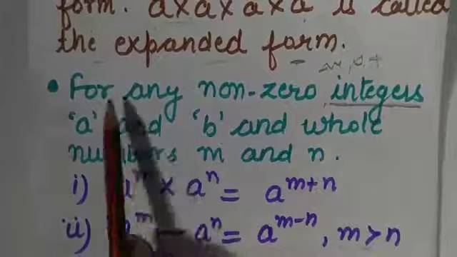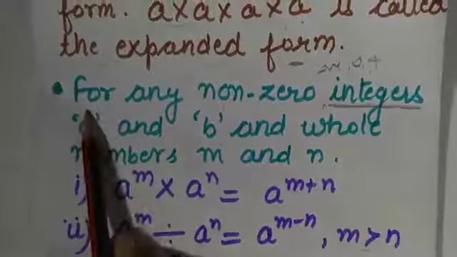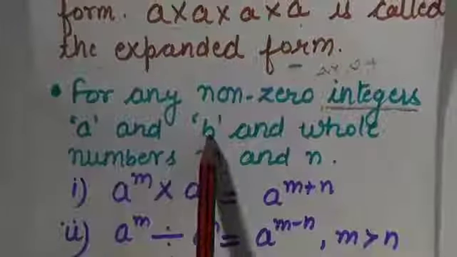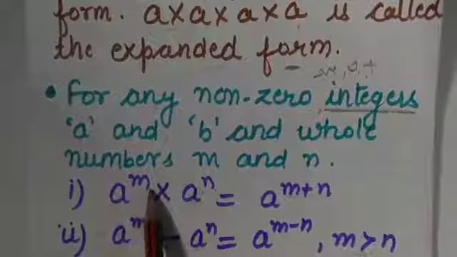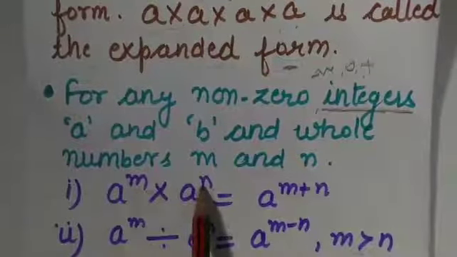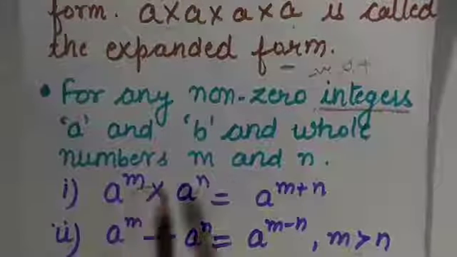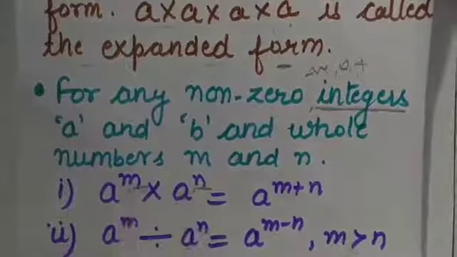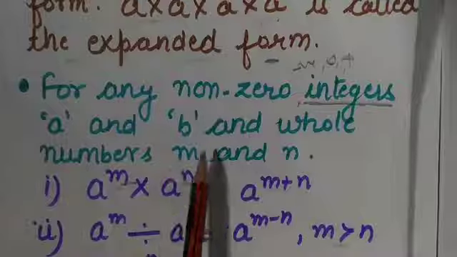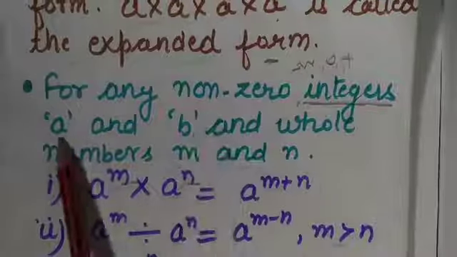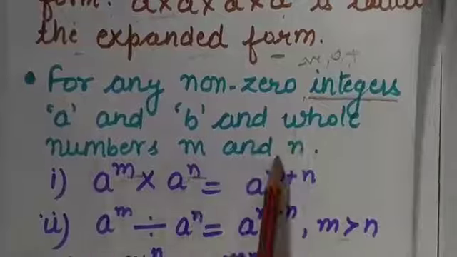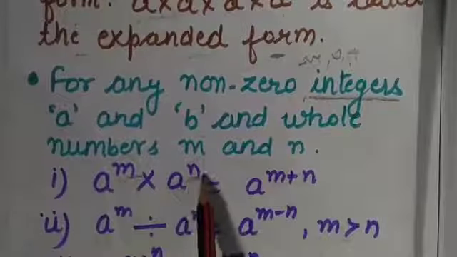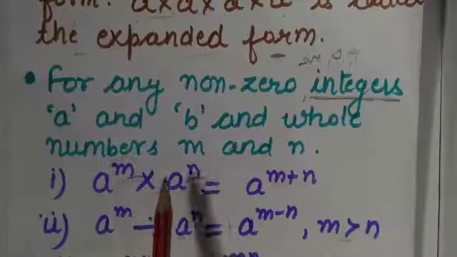As per your level, we are considering a and b as integers, but they may be rational or any real numbers also. But for 7th level, we are taking a and b as integers, and m and n, the powers, as whole numbers.